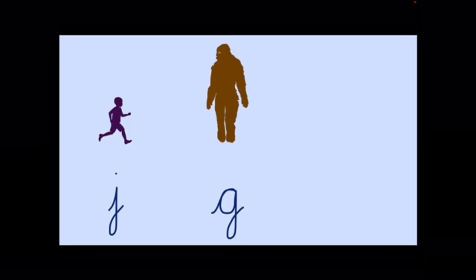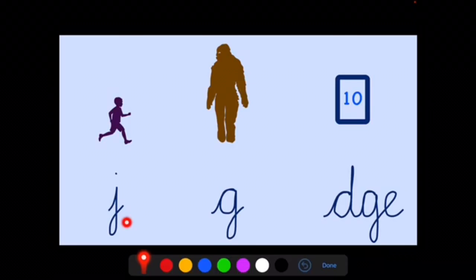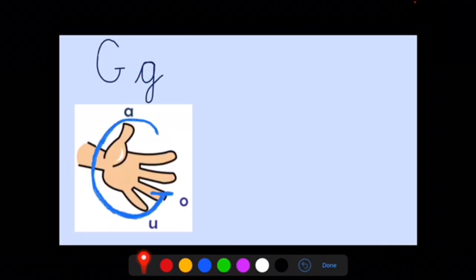The full version we've just looked at has only just been introduced. You may prefer to use this version, where we just think about Jack, who jogs and jumps for the letter J, and the gentle giant at the gym for the letter G, and D-G-E. They were judged to have 10 out of 10. And we could have used our fingers as a prompt if we tipped our hands sideways.